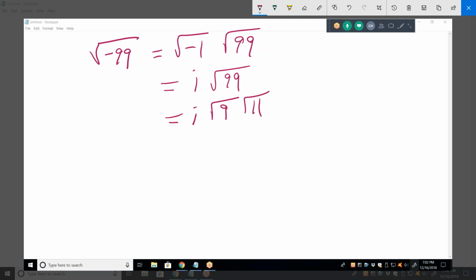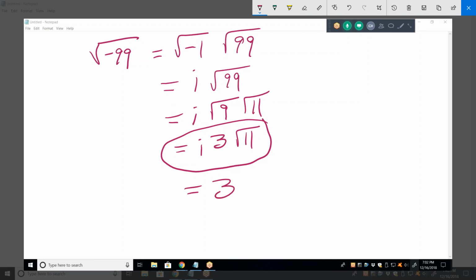All I'm doing is looking for factors of 99 where one of them is a perfect square number, and that number is 9. So now I've got i times 3 times square root of 11. And that's the answer, but that's not the way we usually write it. We usually put the i after everything. So the way I would write that would be this way.